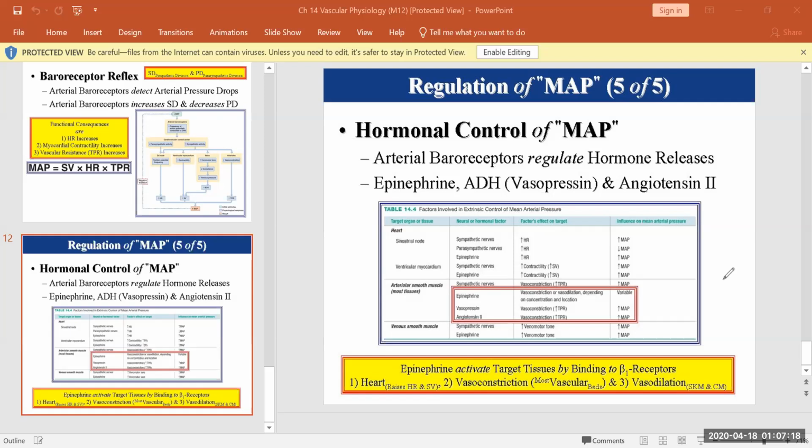If the postganglionic neuron releases norepinephrine, NE, the norepinephrine will activate alpha-1 adrenergic receptors. These are G protein coupled receptors. They will cause blood vessels to constrict. We call it vasoconstriction. If you do that, TPR will increase. Total peripheral resistance will increase.